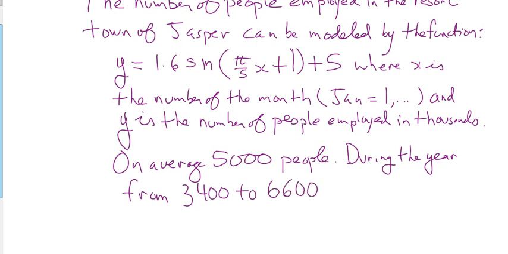So during the year, from 3,400 to 6,600 people are employed. Okay, so we took the median, which was the average number of people employed. We took the amplitude to find the minimum, 5 minus 1.6, which is 3.4, but it's thousands, so 3,400. 5 plus 1.6, which is 6.6 or 6,600.